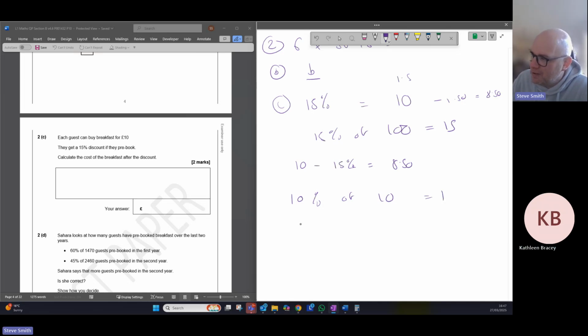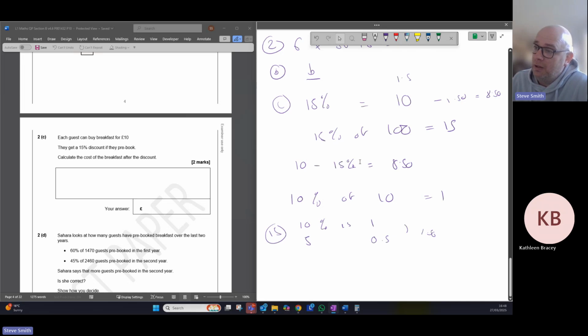Then if 10% is 1, then 5% is halving that number. So half of 1 is 0.5. We add those two numbers up, which gets us £1.50. And then we just take that away from the 10. So there are 3 different ways to do that.